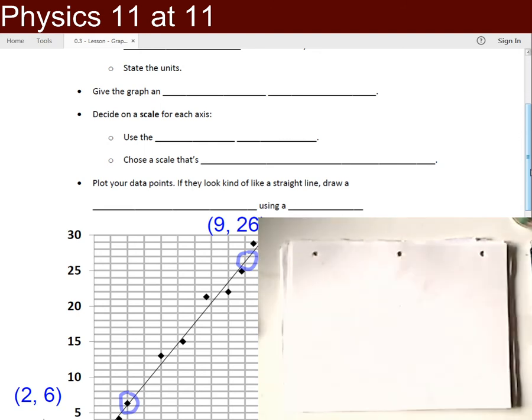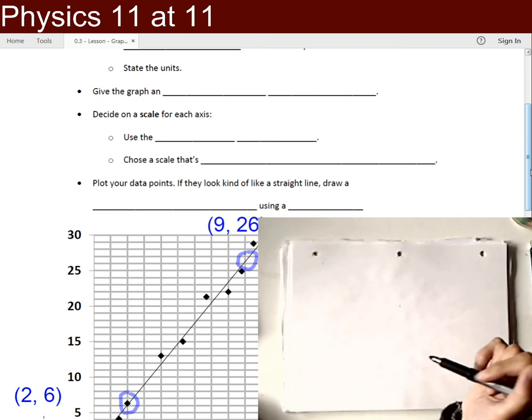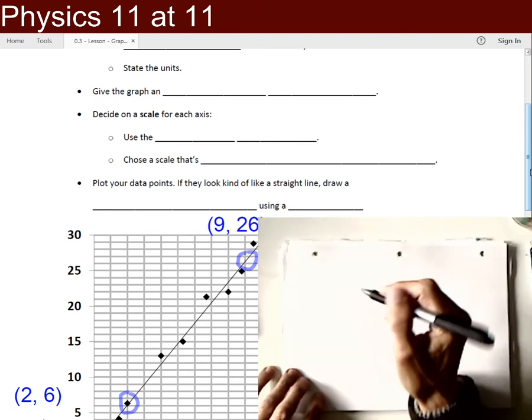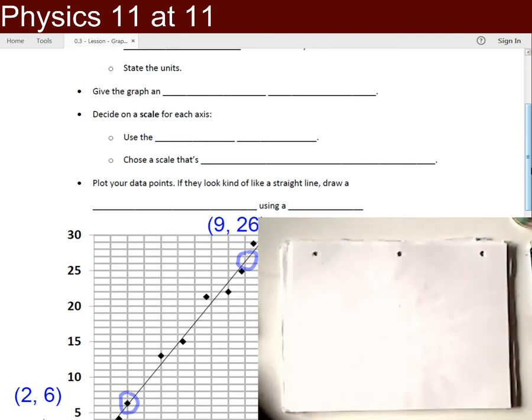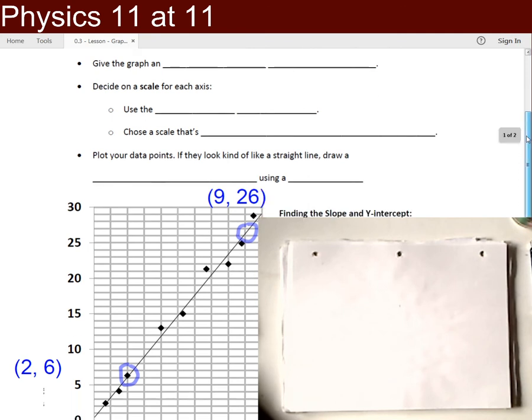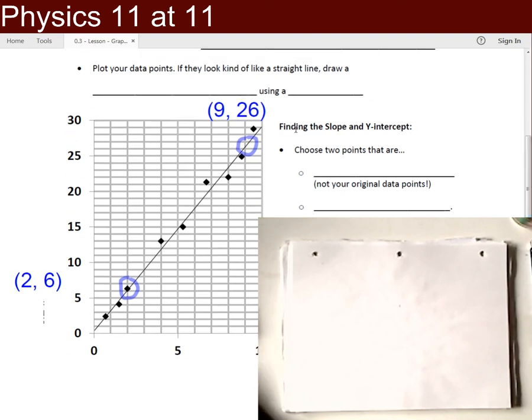Now, once you've gone through the hard work of acquiring the data points, you have to put them on the graph, much like you see here on the left already. Hey, the example's been started for you. Now, it says if they look like a straight line.